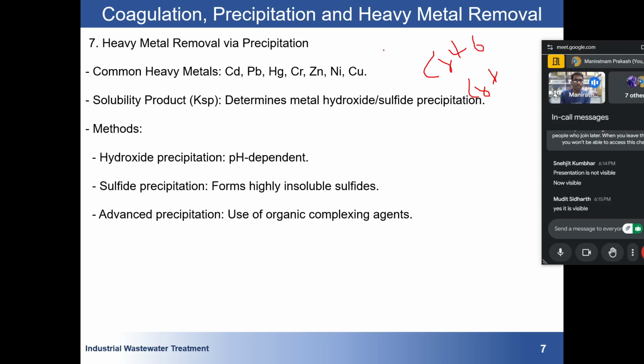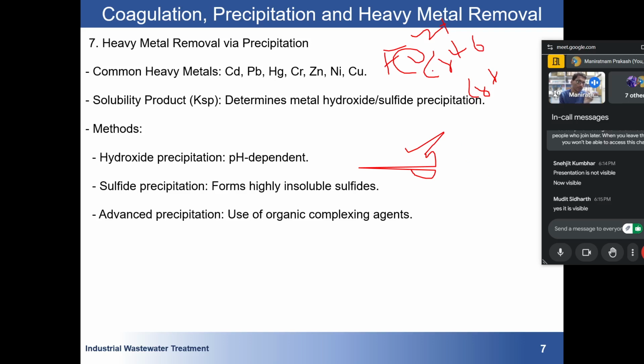Suppose there is water contaminated with chromium 6. Generally we add an iron 2 salt, in the form of say FeSO4. If you add iron 2 plus to chromium 6 contaminated water, iron 2 will get converted into iron 3, and the chromium 6 will get converted into chromium 3.